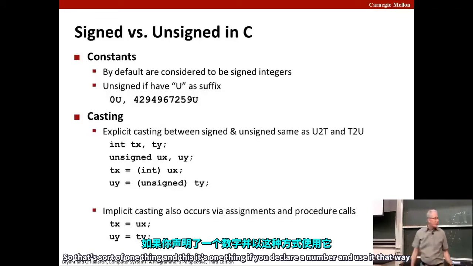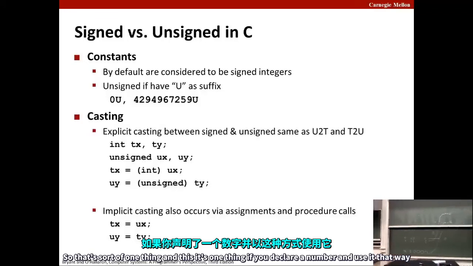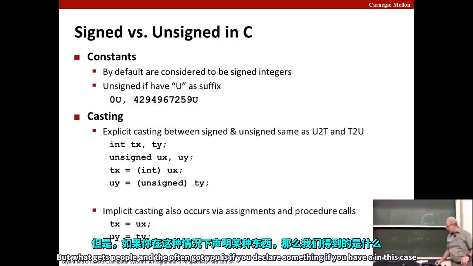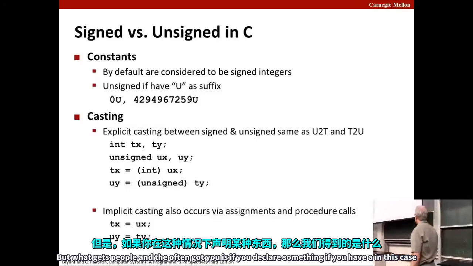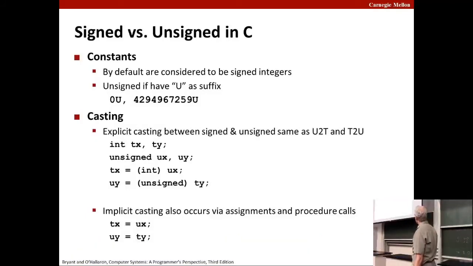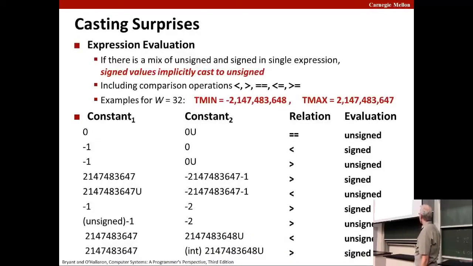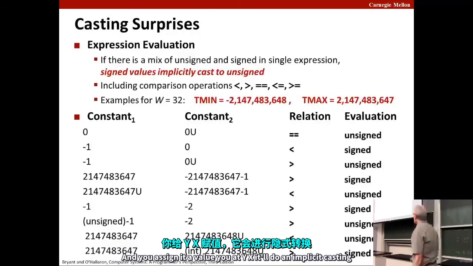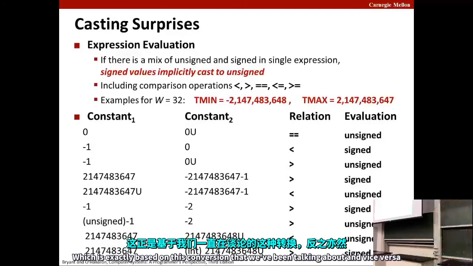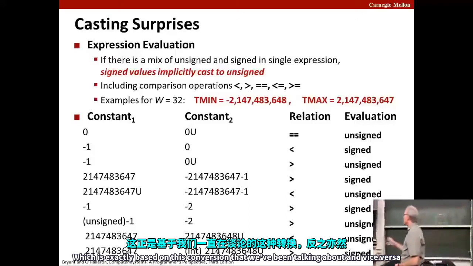So that's one thing. It's one thing if you declare a number and use it that way, but what gets people is if you have something declared as a 2's complement number, x, tx, and you assign it a value of type unsigned, ux, it'll do an implicit cast, exactly based on this conversion we've been talking about, and vice versa.